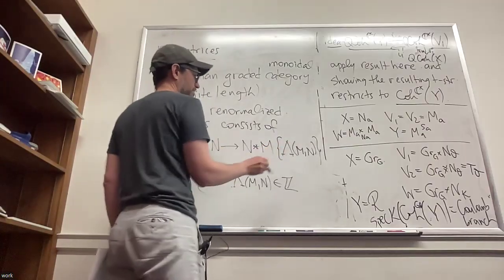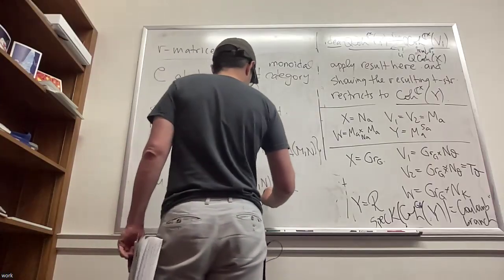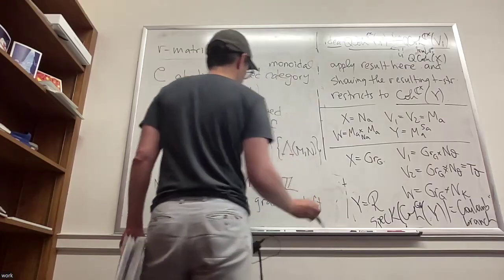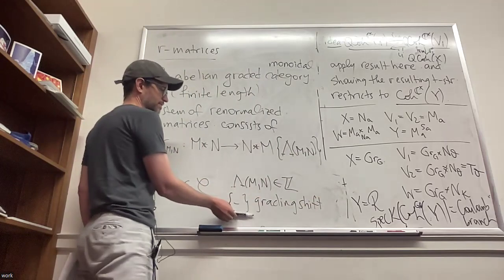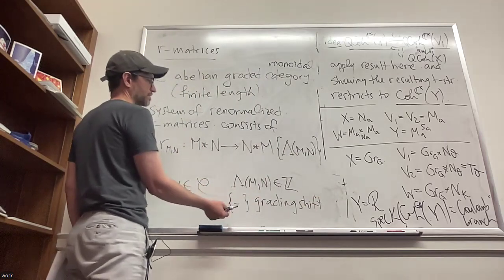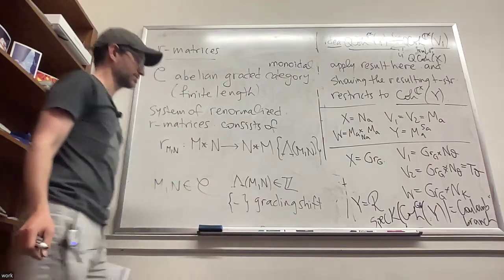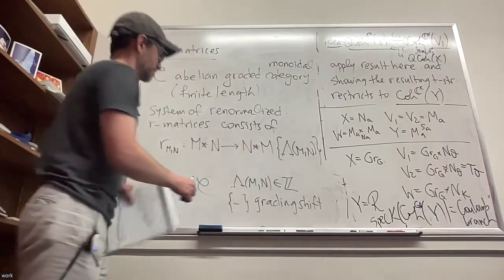And this, of course, is the grading shift for this category because it's graded. And I'm writing it like this because in our case, it's the grading shift that's relevant, and it corresponds to this shift here that I was using earlier as well.